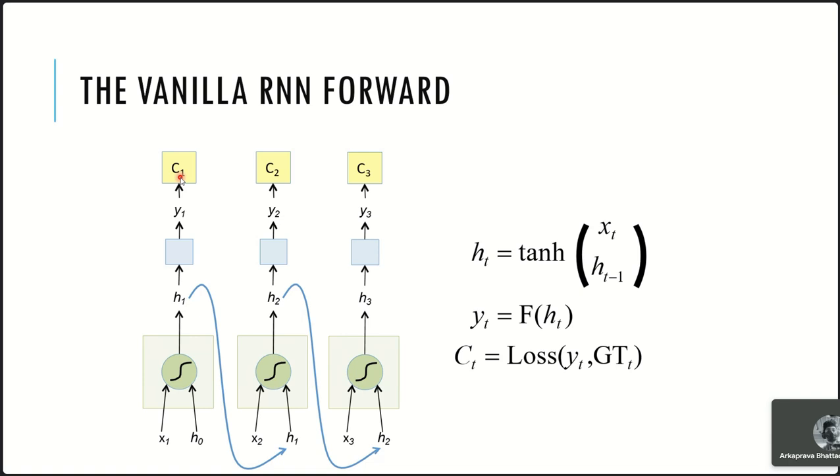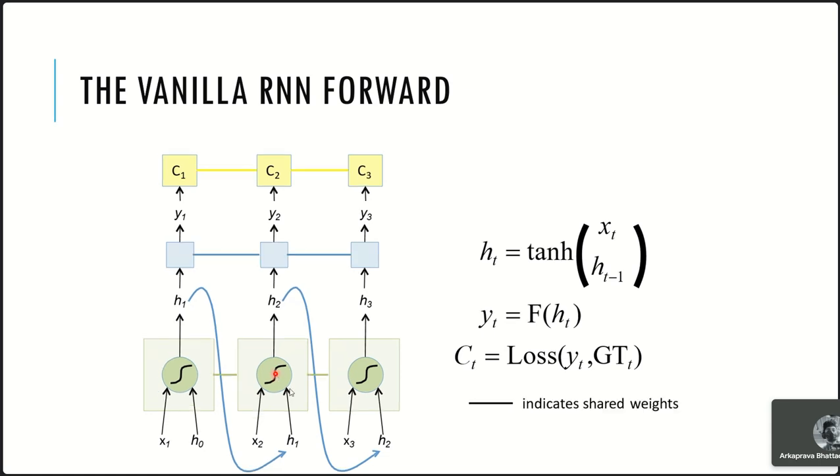That loss function can be anything. If we are using the softmax function, it will be cross entropy. If you are using binary, then it will be a normal loss function, mean square error function, etc. Okay, and these blue lines are nothing but H1's output going as input into our RNN cell number 2. Along with this, we have one more component that we are supposed to add.